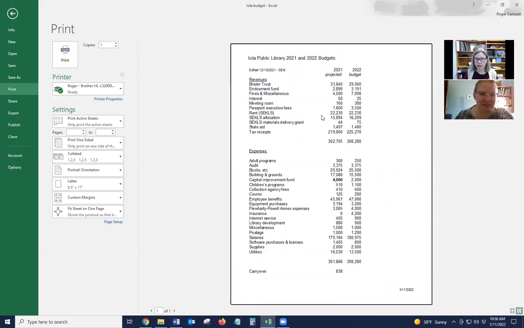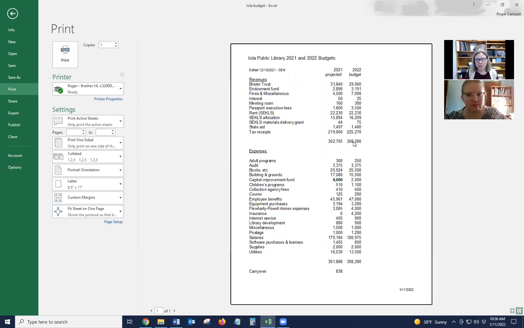The thing that your city or your township, or if you're a district library, your district cares about are the tax receipts. So often we will give our city or our township our entire internal budget, and they'll go, oh, well, that's nice, but we just care about that one piece. They care about the money that they need to raise for you.